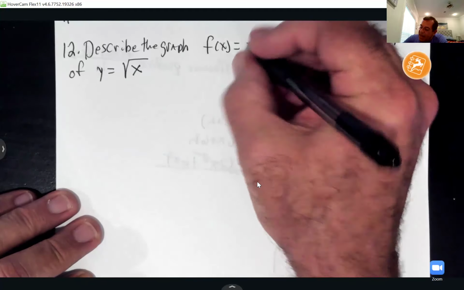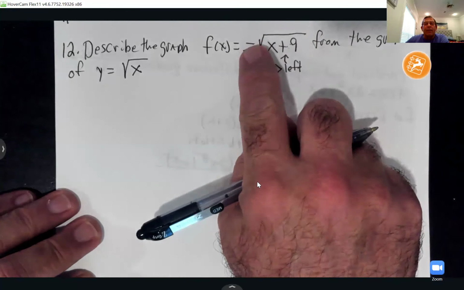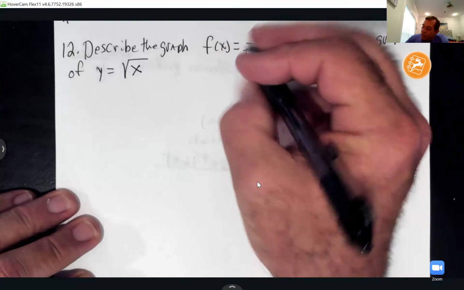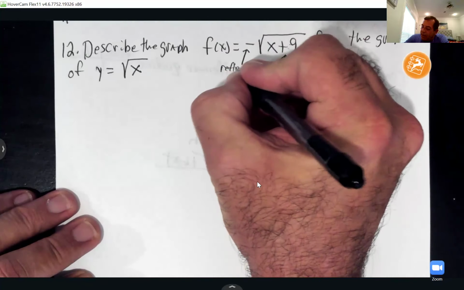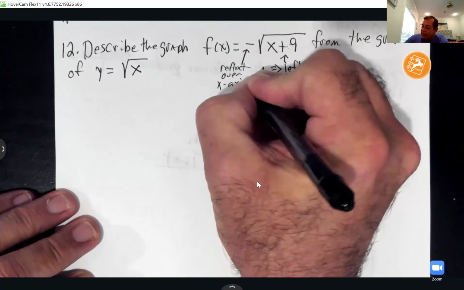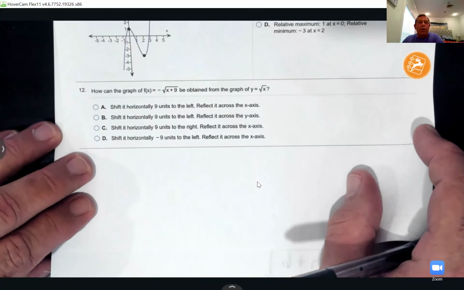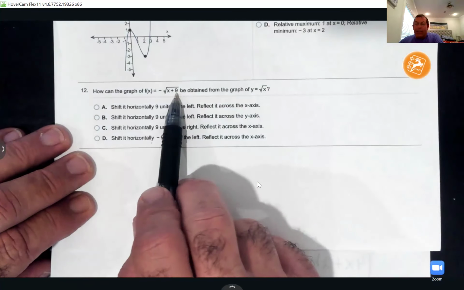And then this negative right here, y'all, back when we did these graphs, the negative there is going to reflect over the x-axis.